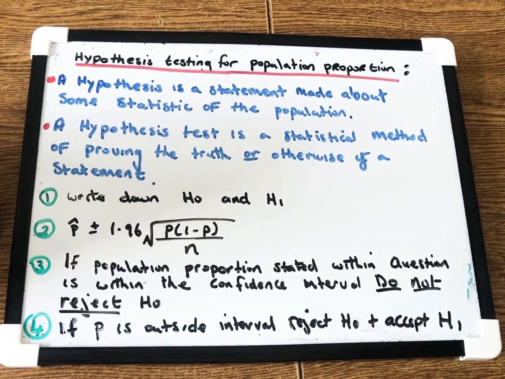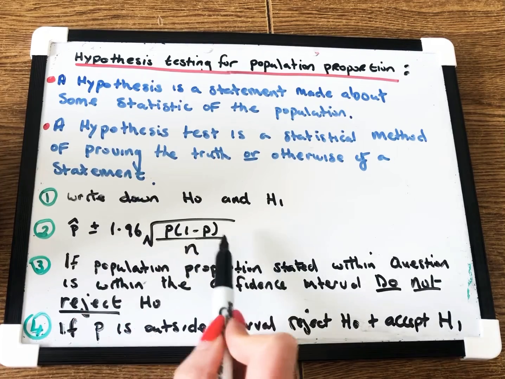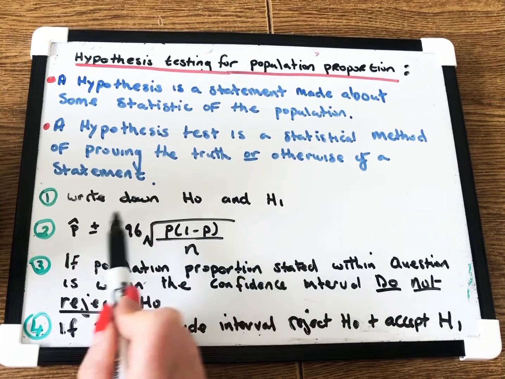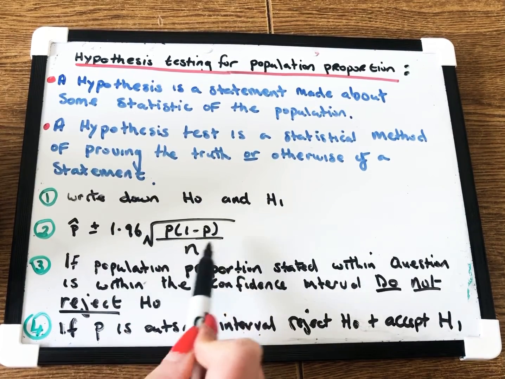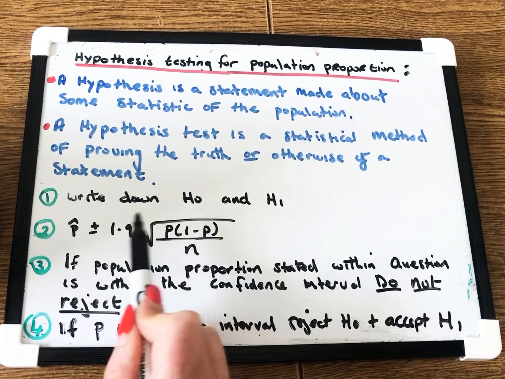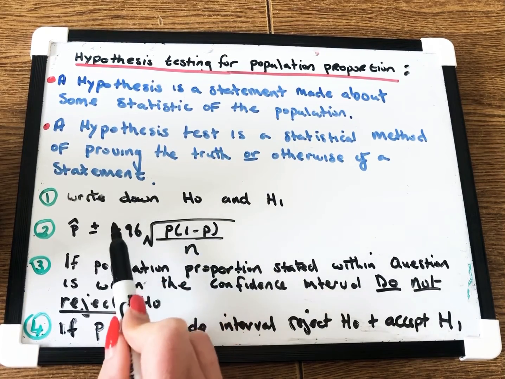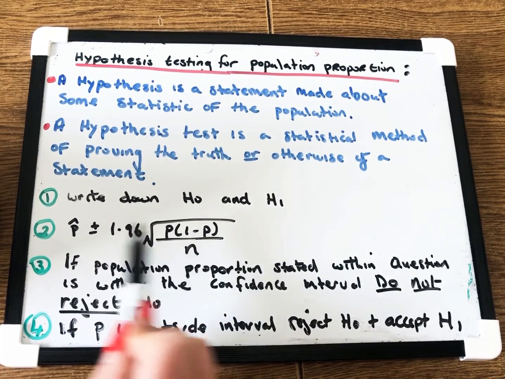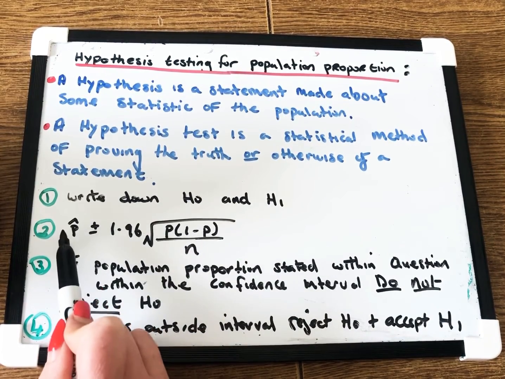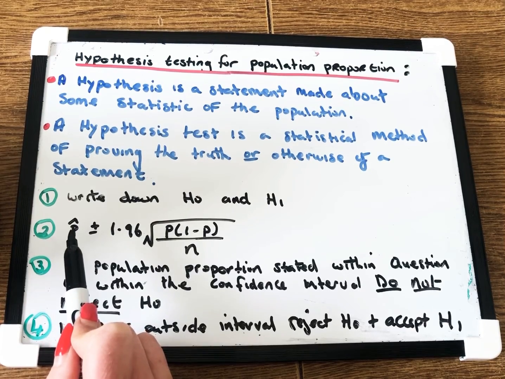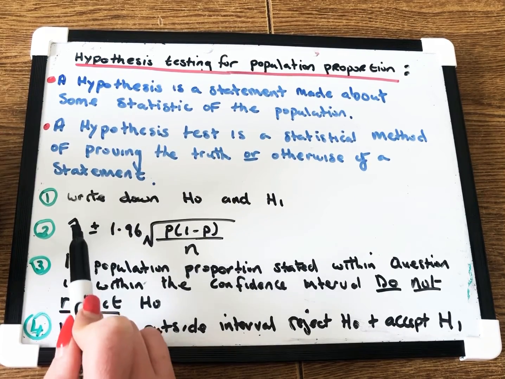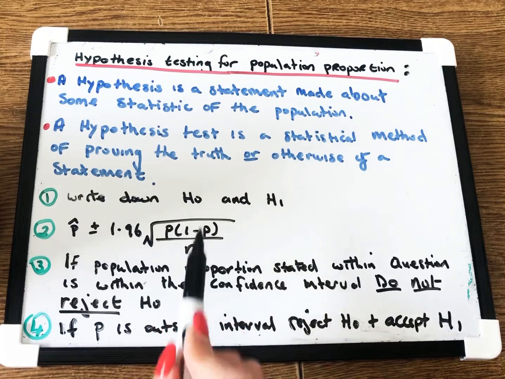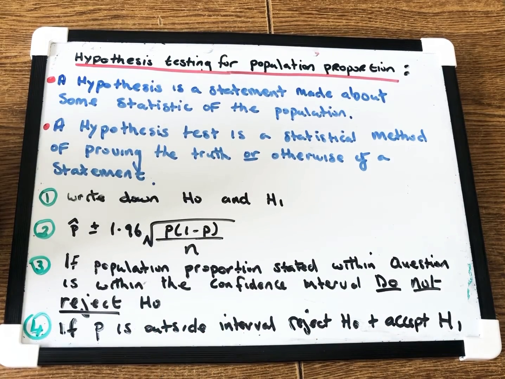Next, you write down your formula for your 95% population proportion. This part of your formula, as I said in a previous video on the 95% population proportion, is found in your log tables on page 34. This part, which is your sample proportion, is not in the tables, so please remember to put the p hat in front of this part here. Once you've carried out your interval, you then have to say whether you're going to accept or reject your H0.